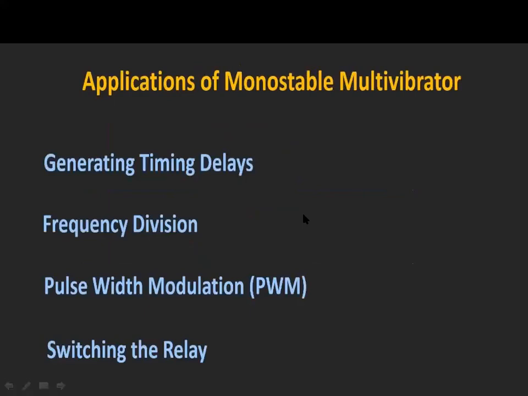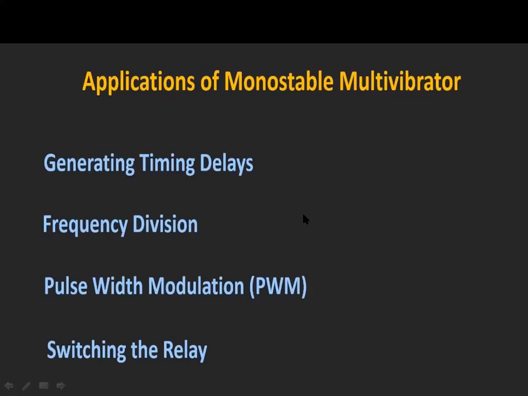Generally, where are we going to use this monostable multivibrator? Whenever we require a time delay, we consider the monostable multivibrator, as well as where there is a possibility of dividing the frequency. And also in pulse width modulation.